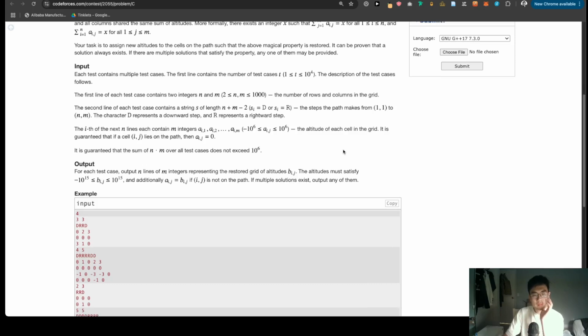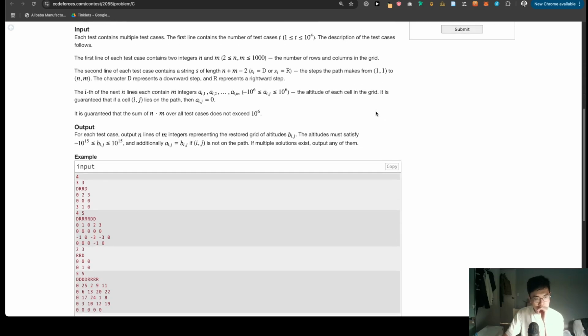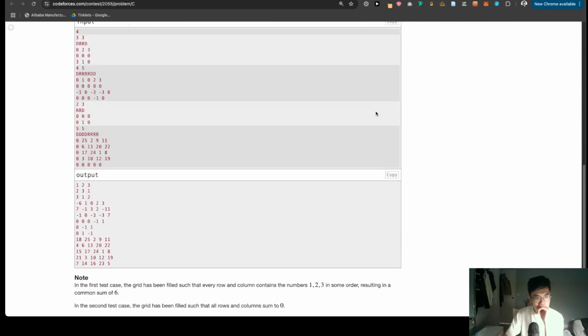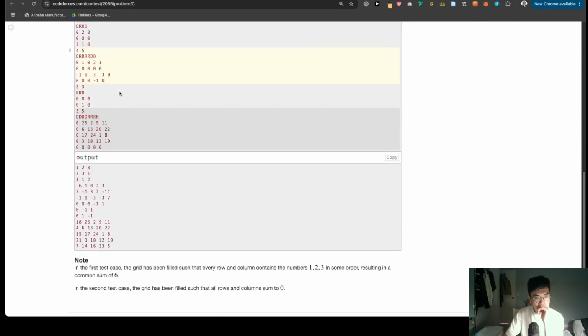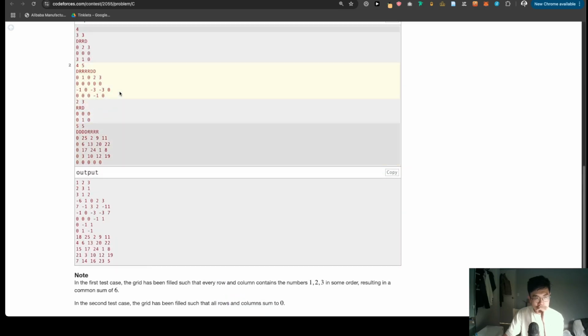Because it's 10 to the 6 times 1000, which is 10 to the 9, and then if you have, just make it sum to 0. Like this would be 1. Oh, because that might not necessarily work. Because you try to sum up to 0, row and column both.